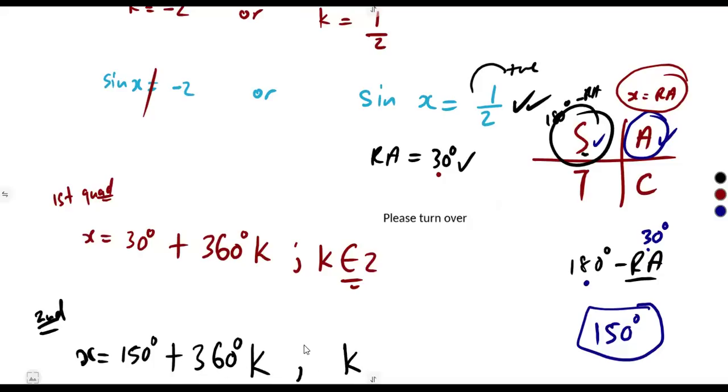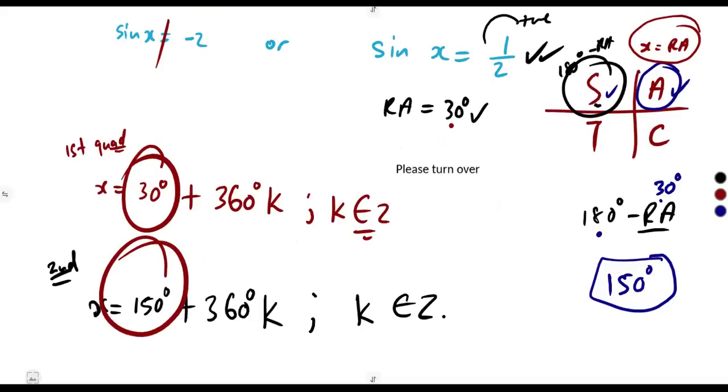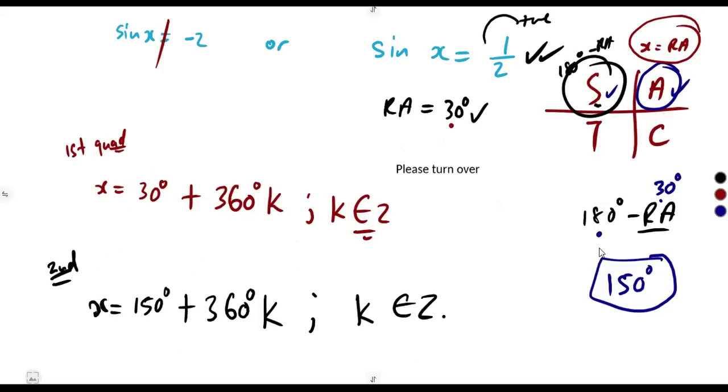This is now the condition of your solutions. If they were just exact solutions, we would just take the 30 and the 150, but we need the general solution where we cater for all possible solutions that can be obtained for k.